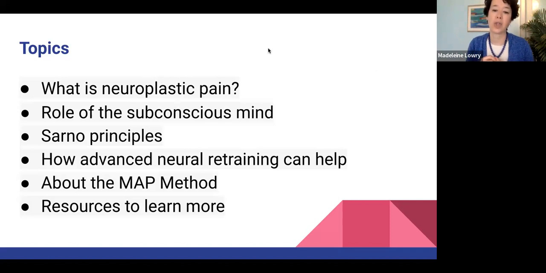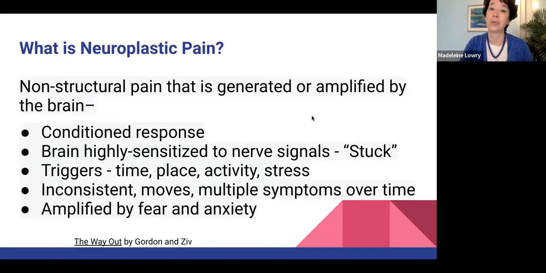These are the principles of John Sarno, who wrote several books on chronic pain and how mind-body methods work to address chronic pain. I will also talk about how advanced neural retraining methods can be helpful, how we use them, and about the MAP method, which is the particular method or approach that I use. And then, like I said, I will point you to resources so that you can learn more on your own if this topic is interesting to you.